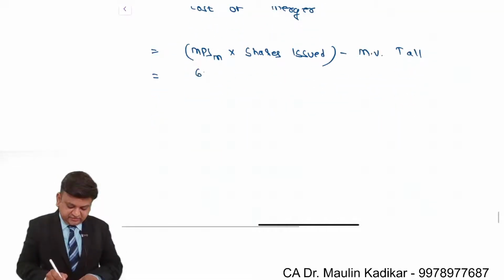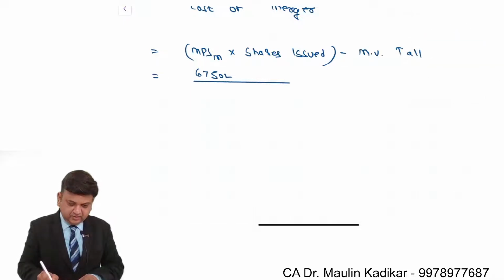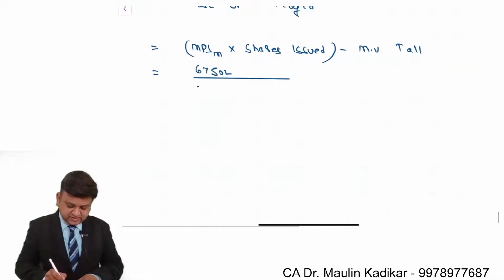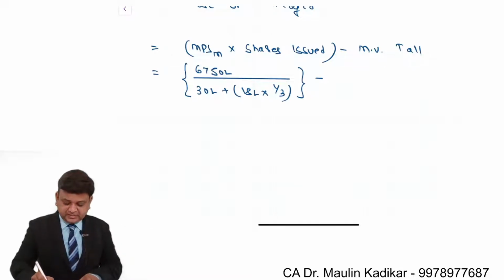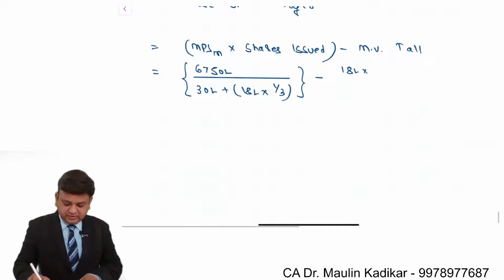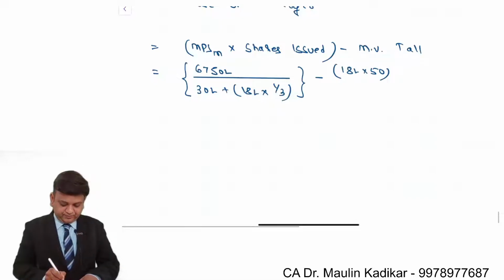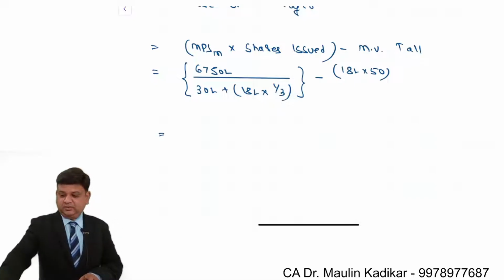It is 6750 lakhs divided by 30 lakhs plus 18 lakhs into 1 by 3, minus market value of Tall, it is 18 lakhs into 50. This is the way the answer can be calculated.